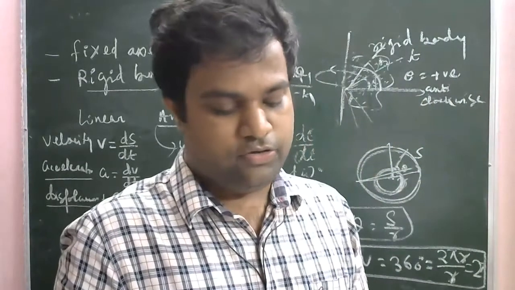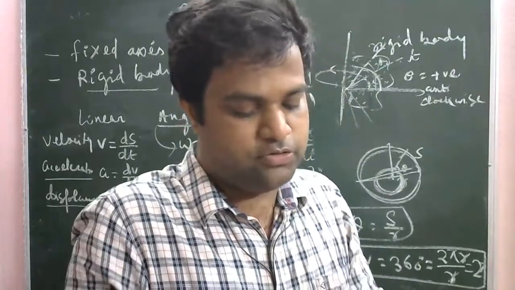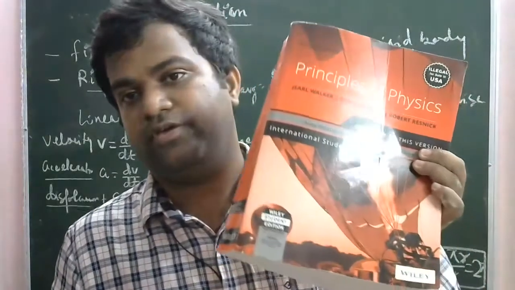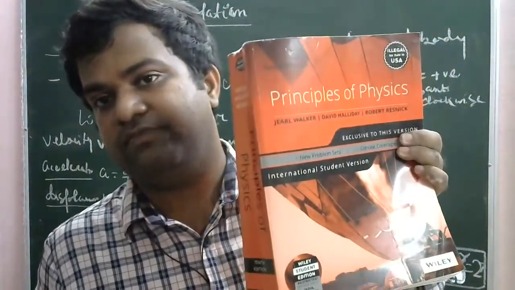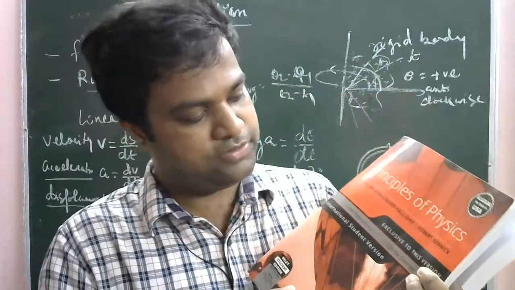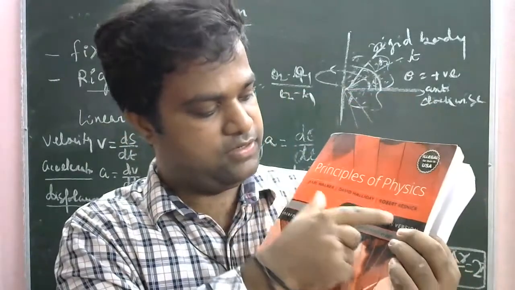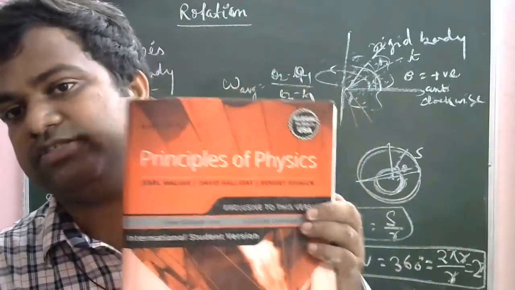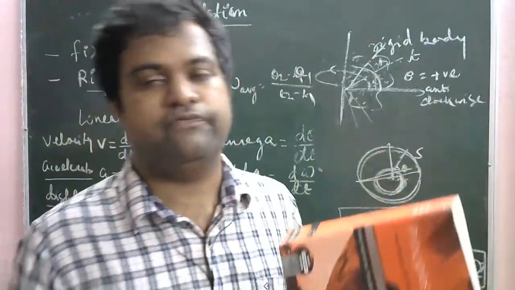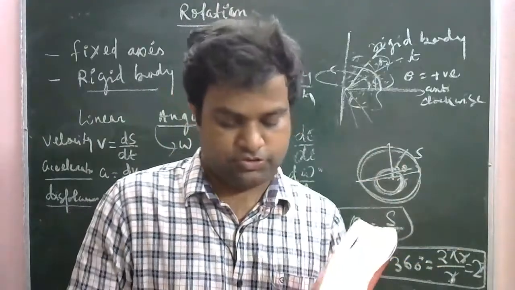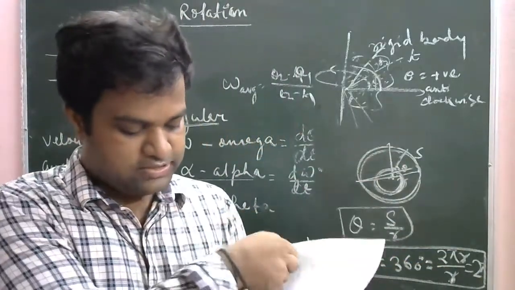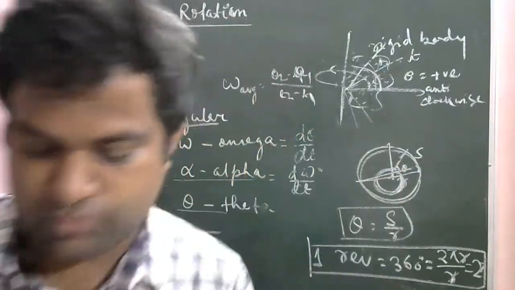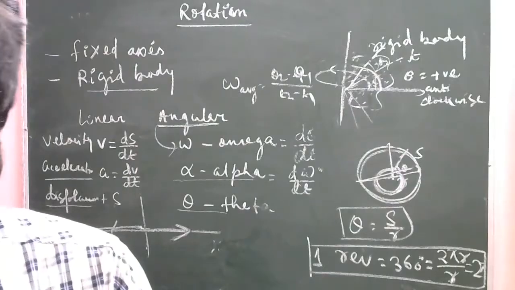I think you must all have this book. It's a very good book in physics, Principles of Physics, by David Halliday, Resnick and Walker. You can purchase this book. It's very good for the fundamentals and the problems also. So you can try this book. One problem is given in 10.2, so let us discuss that problem.